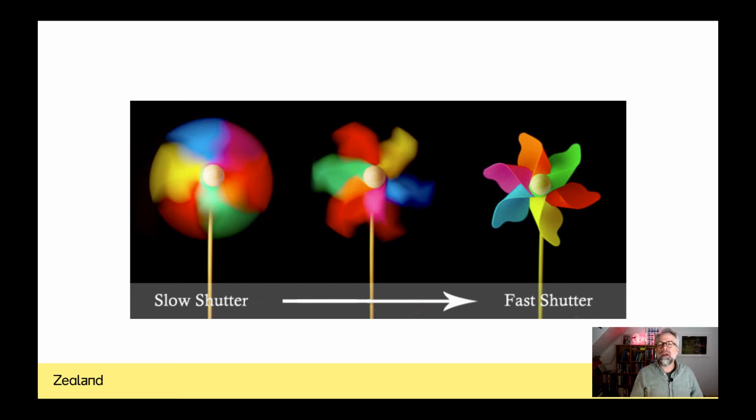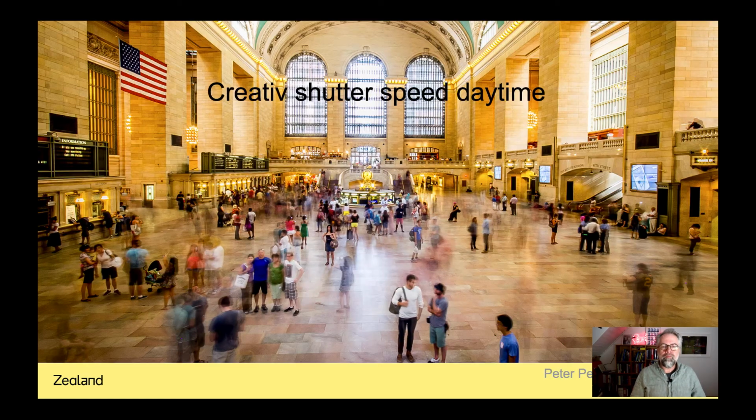We are going to look at lots of pictures where we have examples of creative use of shutter speeds. And we start here in New York, where you have this example of it's probably a tripod, or there is a staircase on this side where the photographer is standing as well.